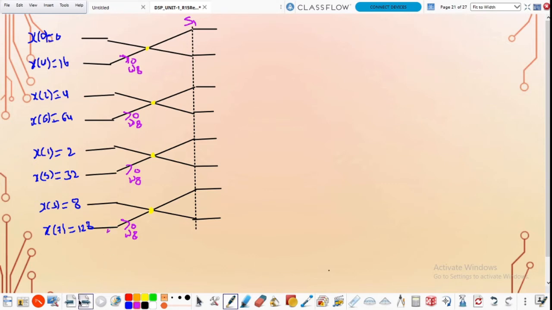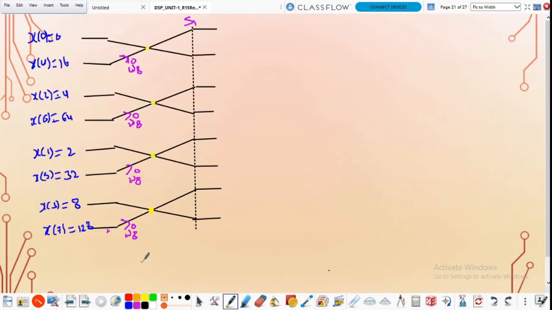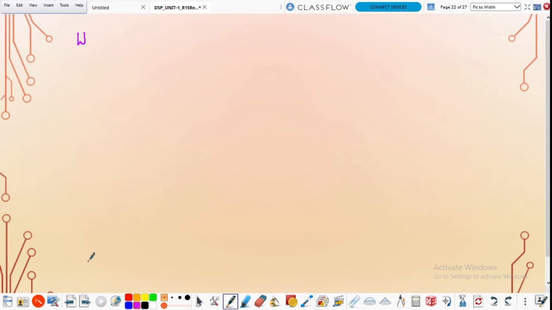So we know the definition of the twiddle factor: W n power k is equal to e power minus j 2 pi by n into k.